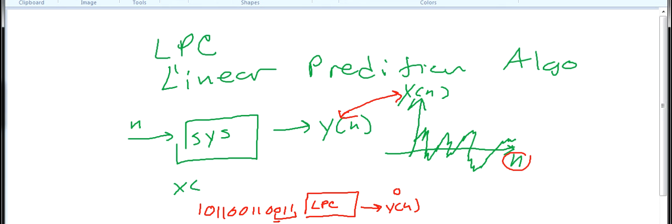The more data you give it, the better it gets at predicting the future. So you give it data 1, 0, 1, 1, 0, 0, 1, 1, and then you tell it, what is the n plus 1? What is that value before it happens?